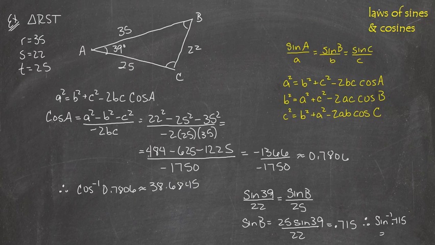I already know I want to round, so let's say 46 degrees. So then to find the last angle measure, I have 180 minus 39 minus 46 degrees equals 95 degrees. And so angle measure C is 95 degrees.